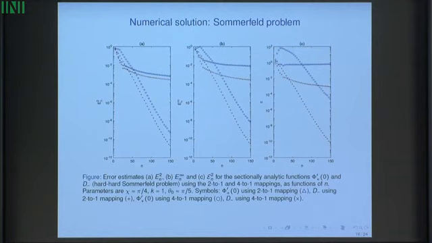But if we use a 4-to-1 mapping, which takes account of the square root singularity, then for this number of collocation points, we get spectral accuracy. Then here we are comparing expressions of these sectionally analytic functions, phi plus and d minus, with the exact solutions. But that was for the scalar problem.